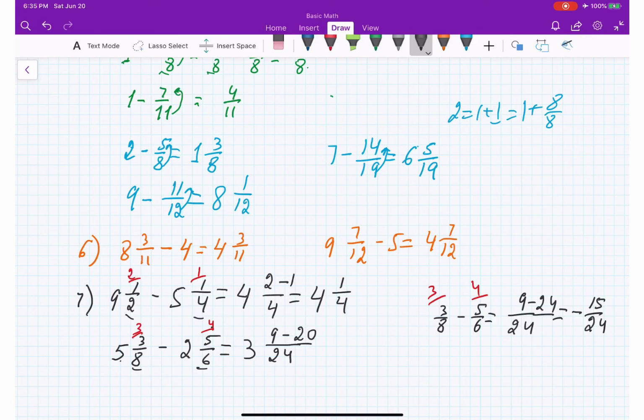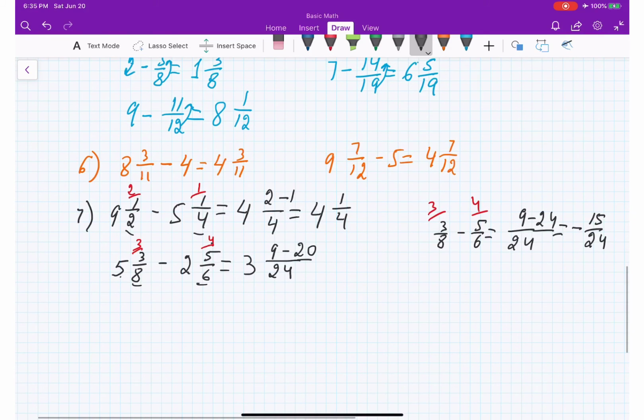But the thing is, we have whole numbers here, which means we have 5 here and we have 2, which means we can borrow from these whole numbers. So this is what I'm going to do in this case. 5 and 3 over 8, I'm going to represent as 4 plus 1 and 3 over 8, because it's the same 5 and 3 over 8, right?